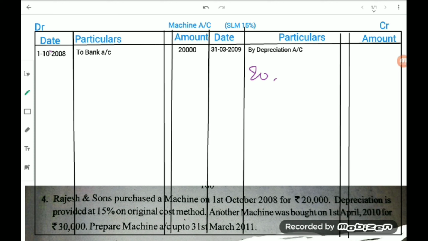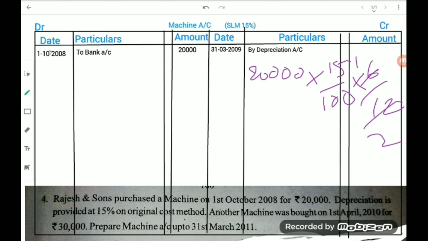20,000 into 15 by 100 into 6 by 12. 6 ones are 6, 6 twos are 12. Two zeros cancel. 2 15s are 30, double zero.